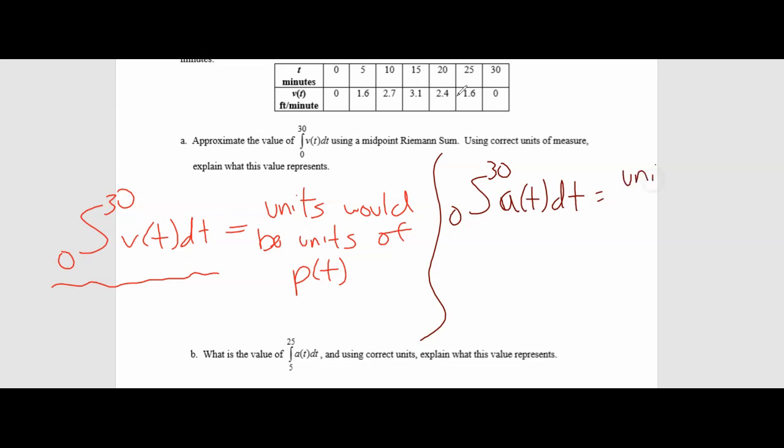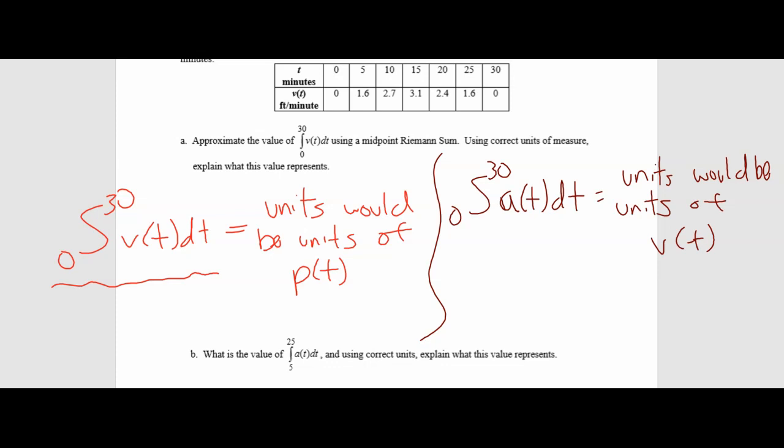These units would be, it seems a little redundant, but we're just going to continue, units of v of t. Okay, so that's why our units there were feet per minute rather than feet per minute squared.